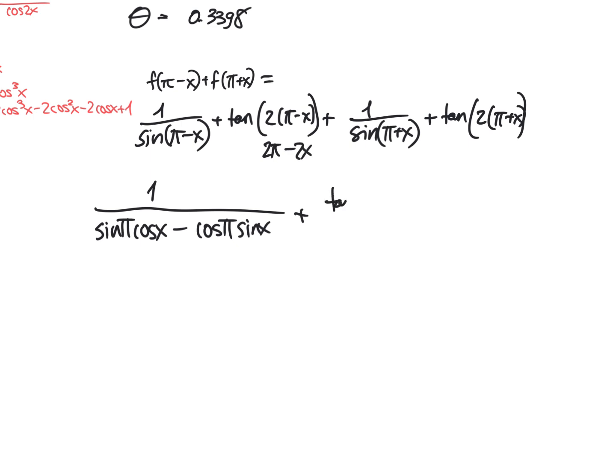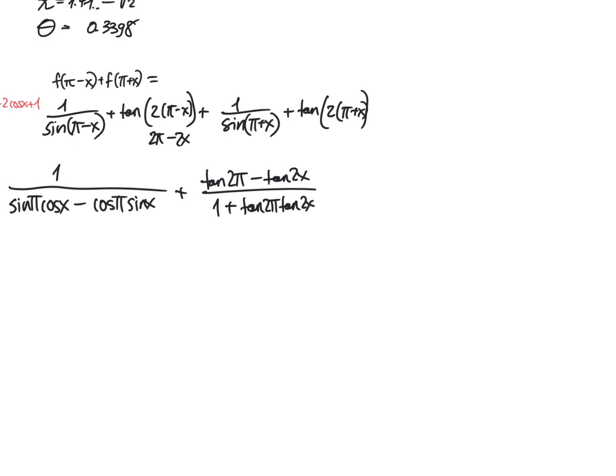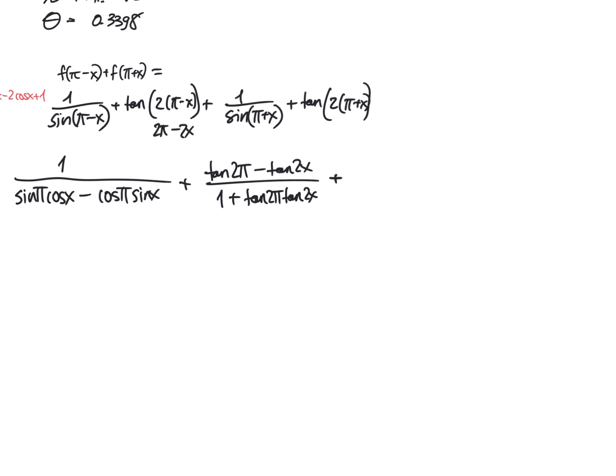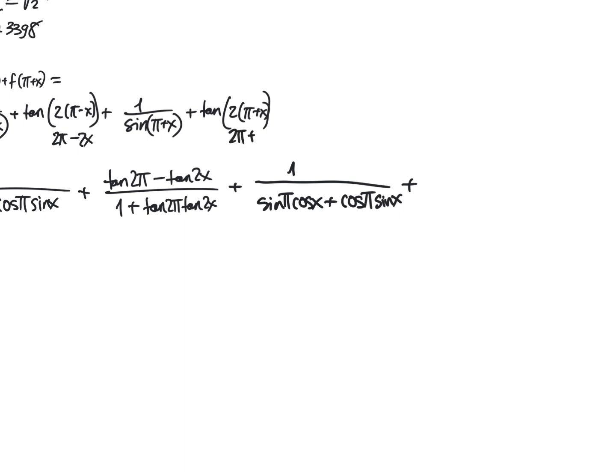So we're going to have tangent 2 pi minus tangent 2x over 1 plus tan 2 pi tan 2x plus 1 over sine pi cosine x plus cosine pi sine x plus, and same thing again, 2 pi plus 2x.